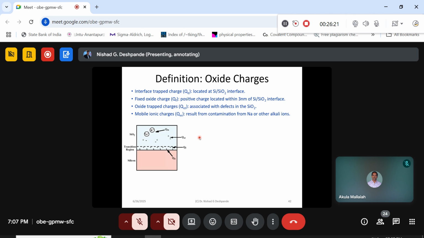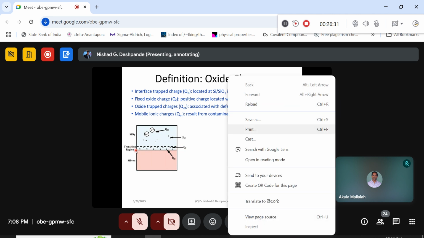So that is one of the possibilities, and hence this interface where you have these trap charges has to be recognized initially, and then a suitable process has to be done so that you can control these charge states. This is a very important part, otherwise they are going to significantly affect the current and the resistance of this particular device.